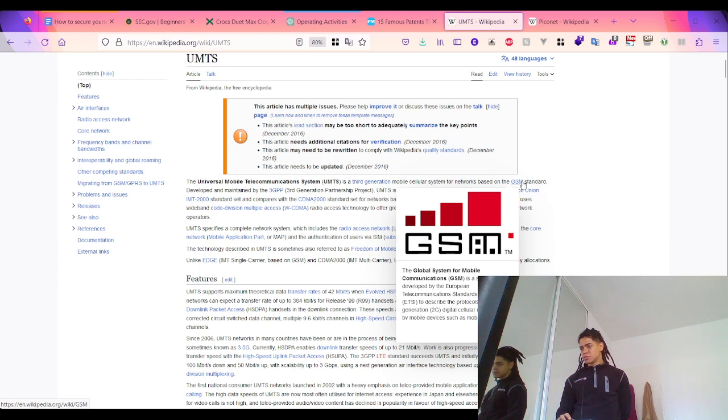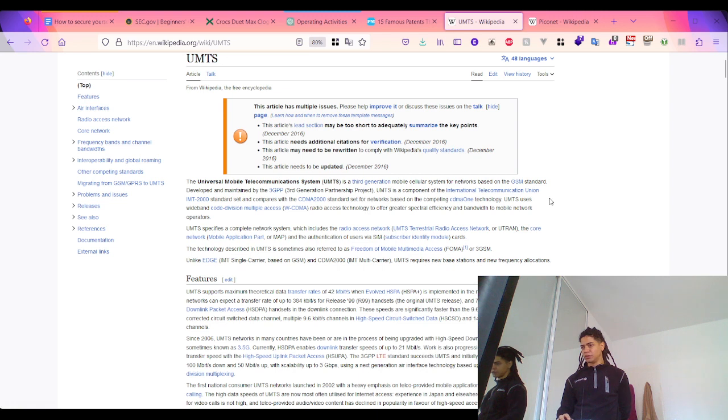Global System for Mobile Communication. Interesting. But this is a mobile cellular system for networks based on the GSM standard. Okay, so this is a system, UMTS, based on this standard.